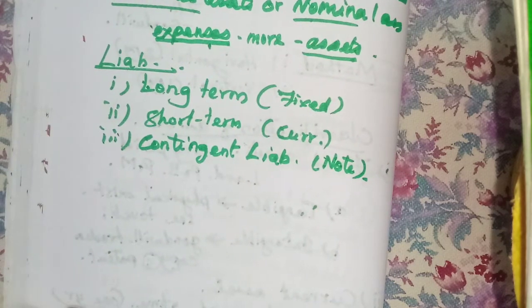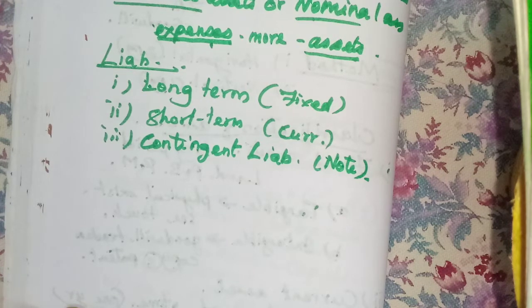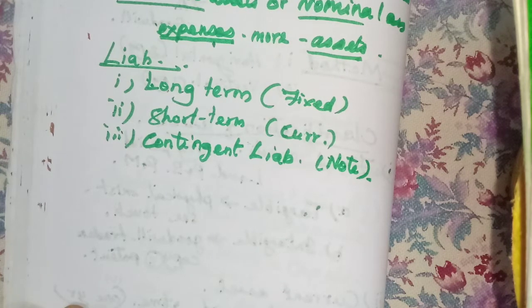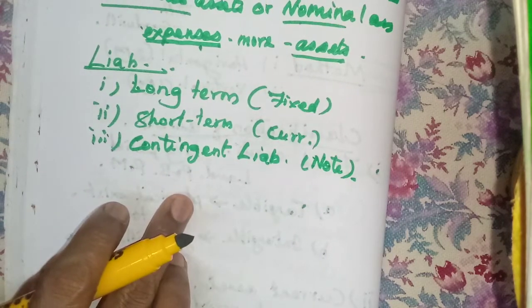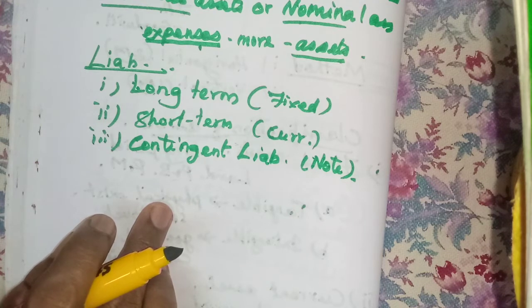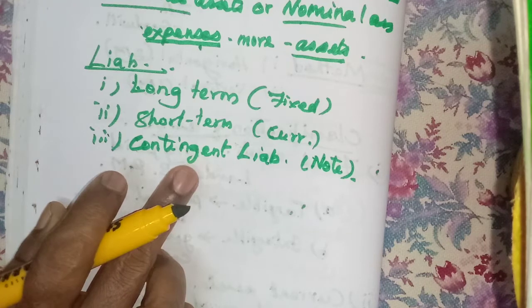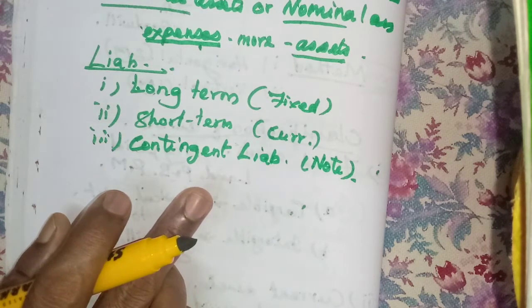Then if they have given a guarantee for a person and that person has not paid, then the law will ask them to repay the loan. So they are the contingent liabilities. It will not be shown on the liability side of the balance sheet, but as a footnote under the balance sheet.